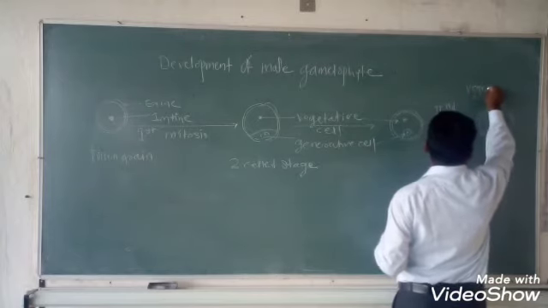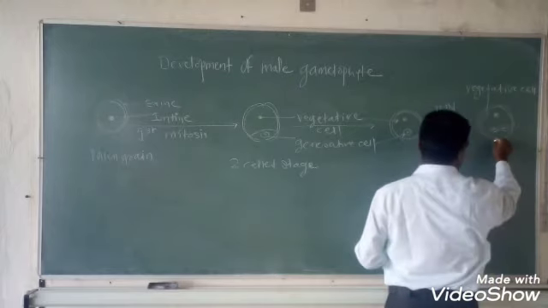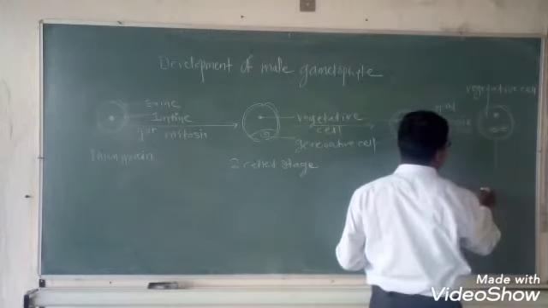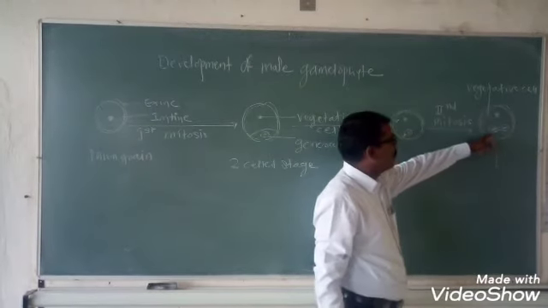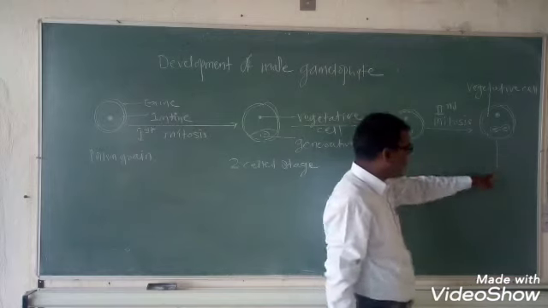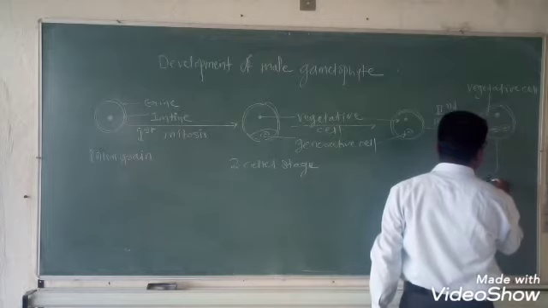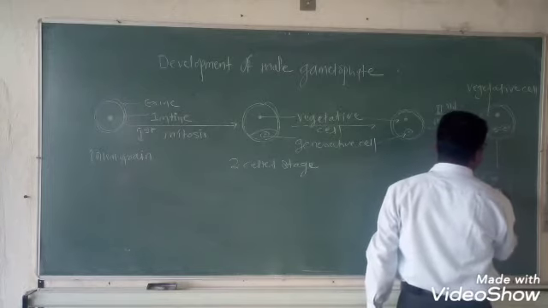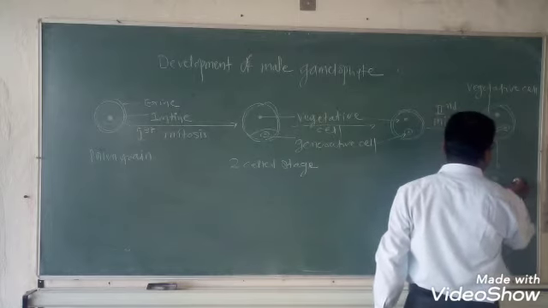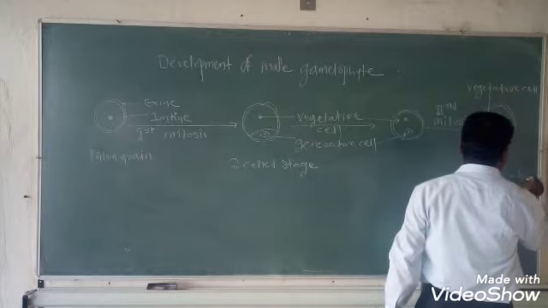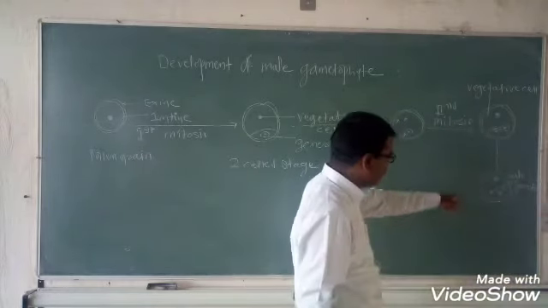The division of the generative cell gives two nuclei. This is the vegetative cell, and the formation of two nuclei. These are called male gametes.